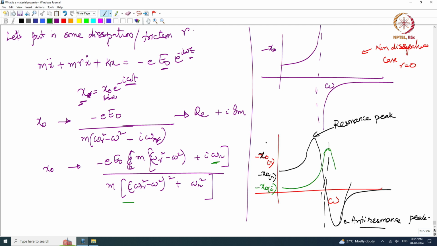It is the same shape as what we had for relaxation. So, this is the peak of minus x naught imaginary part, or the peak of dissipation, and it happens at omega r, at the resonance frequency.